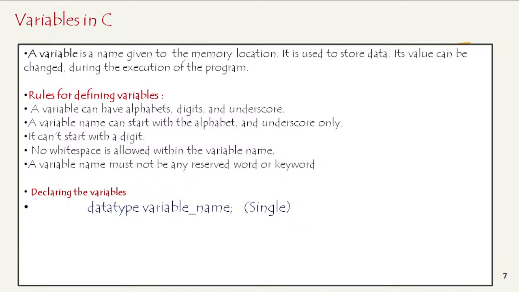So this is the syntax for variable declaration. Simply we can use data type, variable name, semicolon. This is the syntax for declaring a single variable.